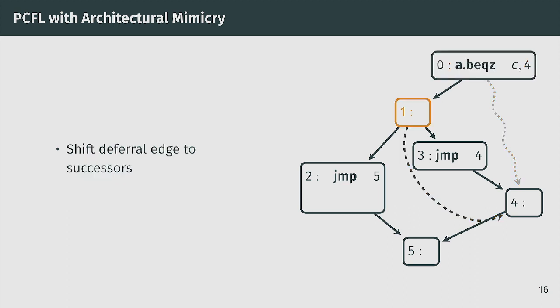Then we visit block 1, which we don't need to linearize because it doesn't contain a secret-dependent branch. So we simply shift the deferral edges to its successors to maintain this post-dominance relation.